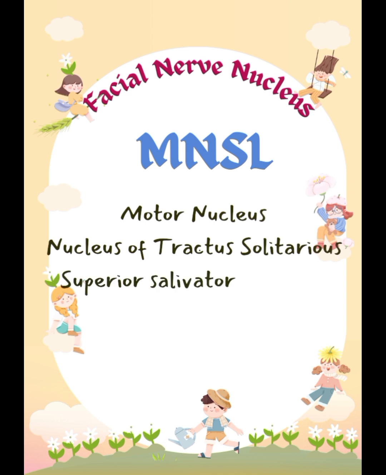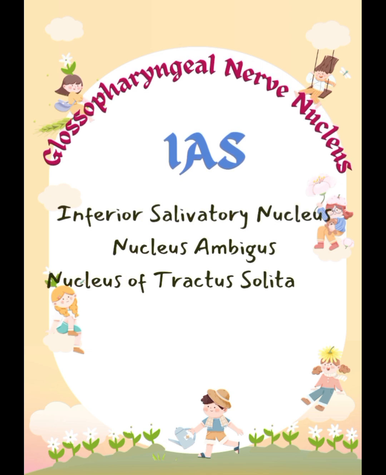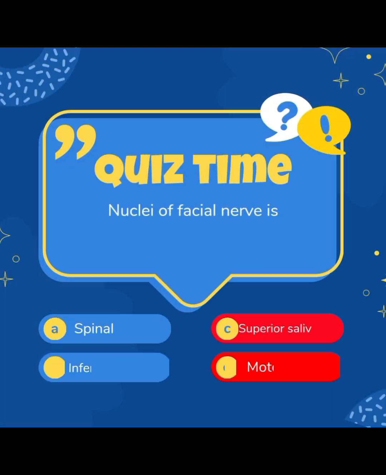So, M, motor, nucleus of tractus solitarius, superior salivatory, lacrimatory. And for glossopharyngeal, IAS: inferior salivatory, nucleus ambiguus, and nucleus of tractus solitarius. So, what is the answer? Yes, there are multiple answers. Superior salivatory and motor, both are correct.